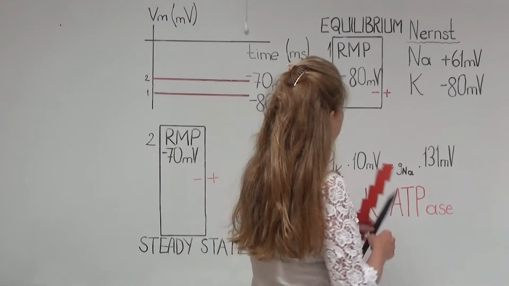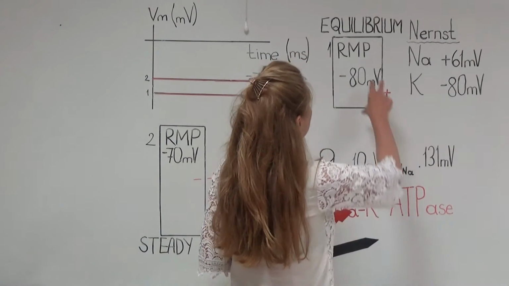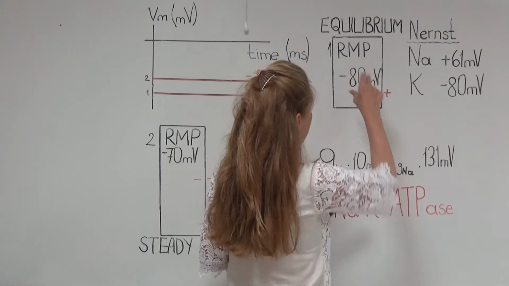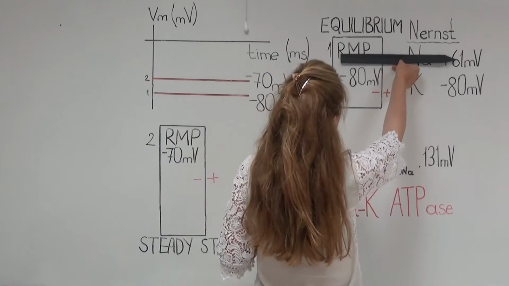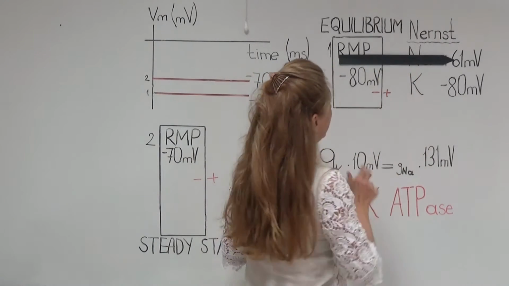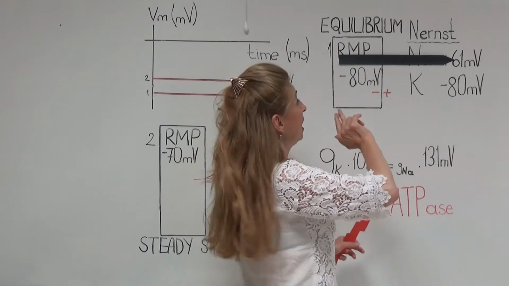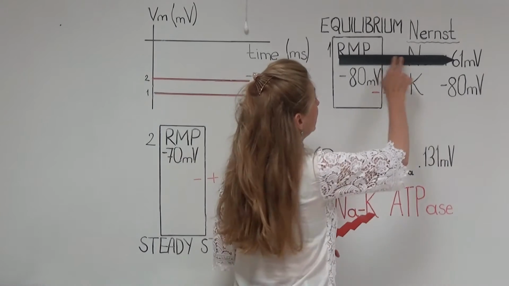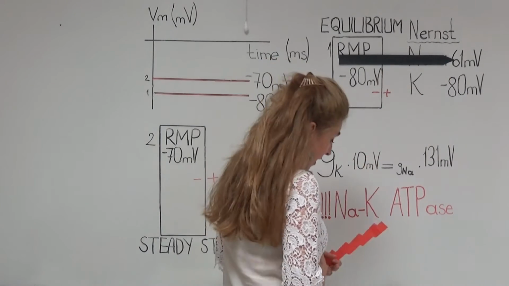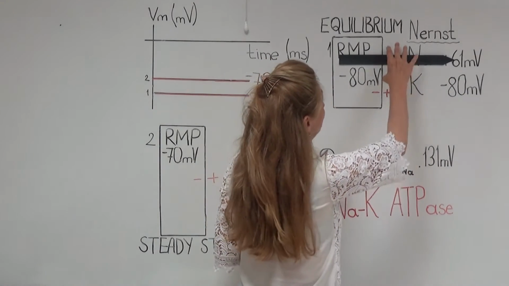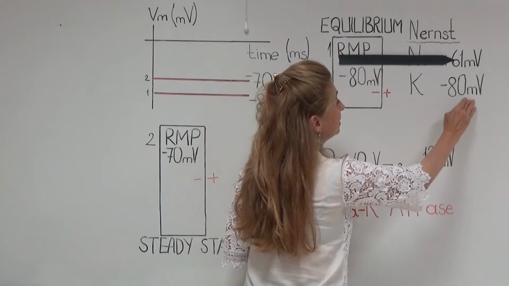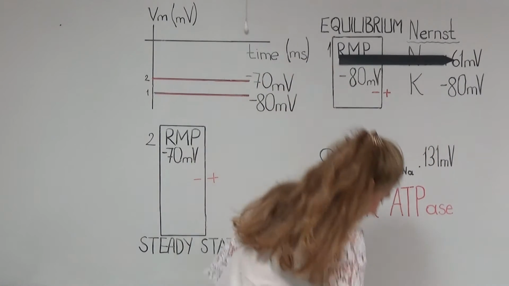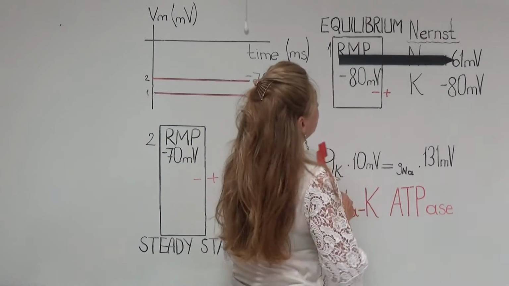I start with cell number 1. We know that potassium is high in the cell, so the chemical force represented by a black arrow must be pushing potassium from high to low concentration, and our arrow points outward. What is the size of this force? It is determined by the Nernst potential of potassium, and it is 80 millivolts.